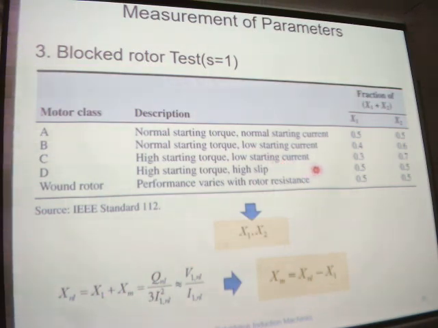So it's a special kind of motor. x1 over x2 is 3 over 7. So the relationship of x1 and x2 is here, 3 and 7.